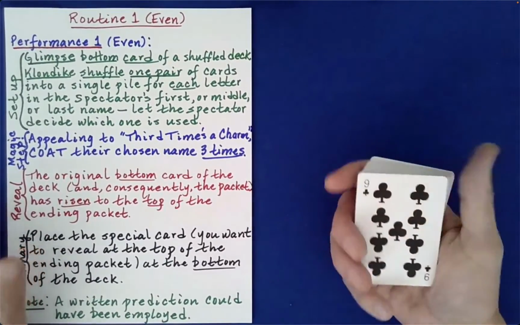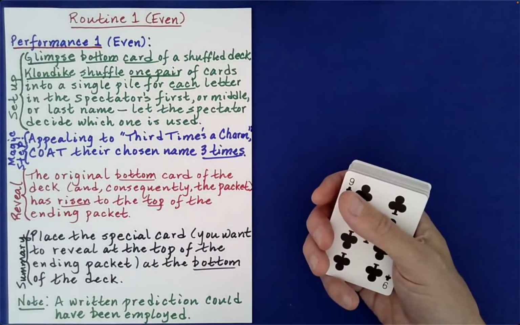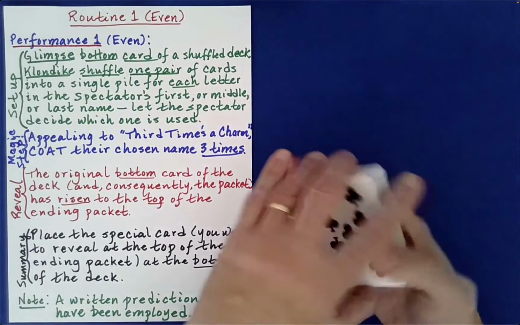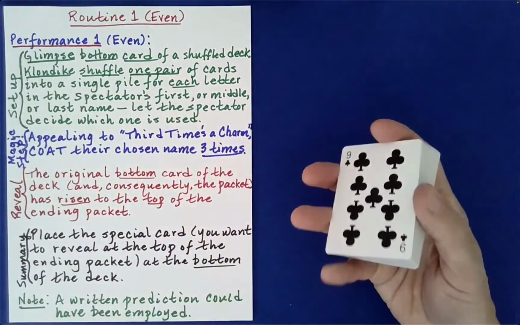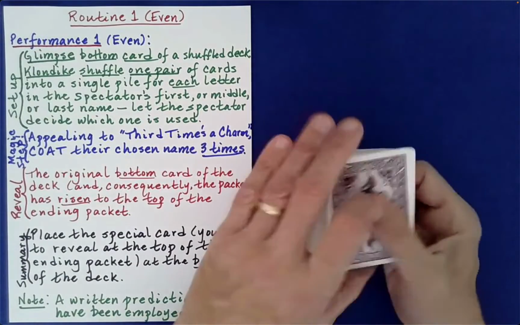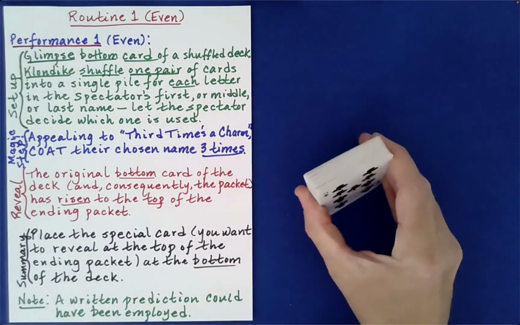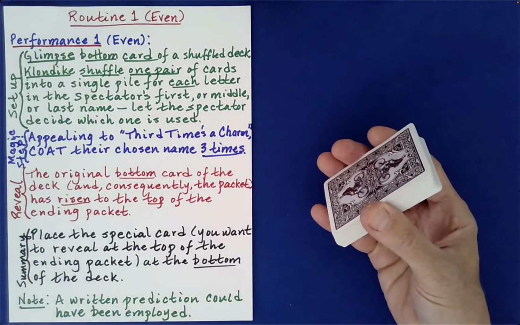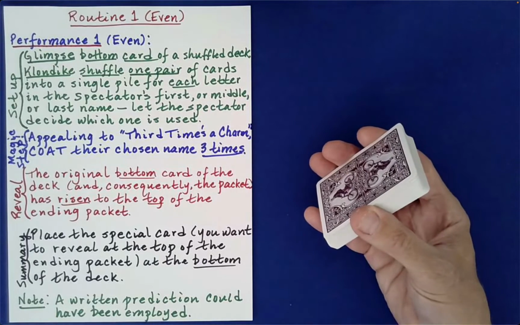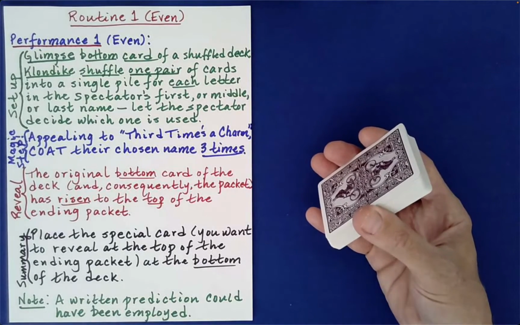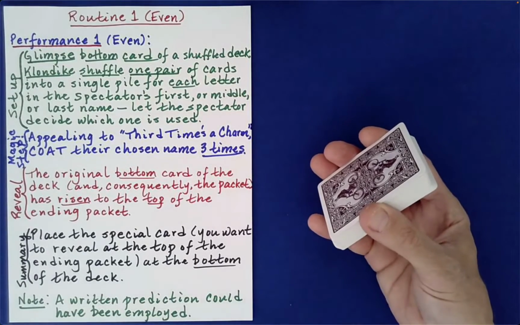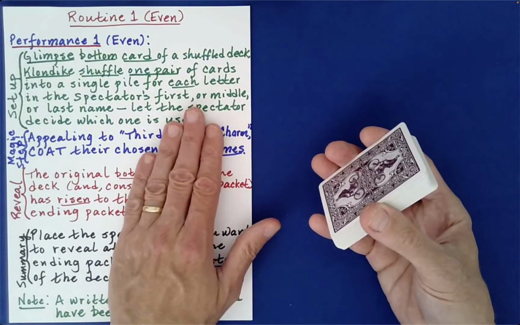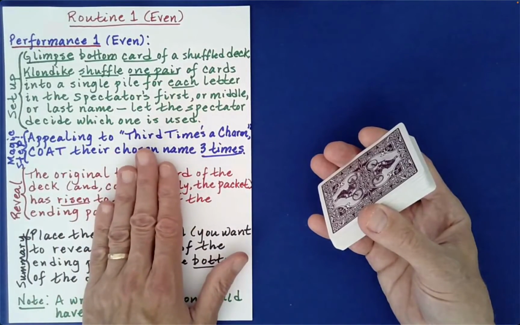Well, boy, if you allow the spectator to handle the cards and mix them to their heart's content and then hand them to you, and then you don't rearrange them in any way, but you catch a glimpse of the bottom card, the whole thing is going to be even that much more amazing because they are the ones that mixed the cards, and they are the ones who chose which of their names to use for the whole procedure, which will dictate which name is spelled out 3 times.